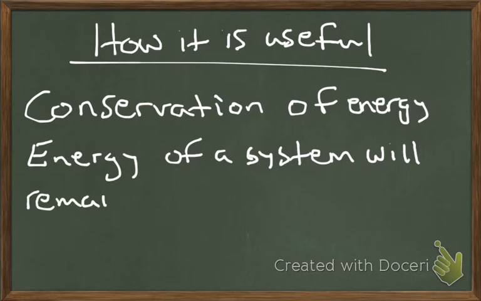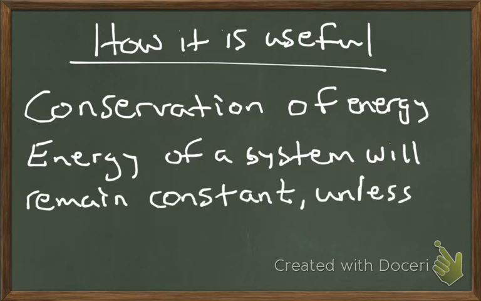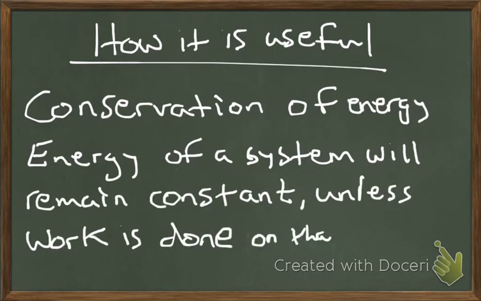So the energy of a system will remain constant unless work is done on the system. This sounds very similar to what we did with momentum. We said the momentum of a system will remain constant unless an outside force acts on that system. So in this case, energy remains the same unless work is done in order to change that energy.